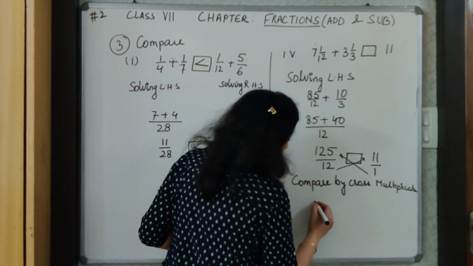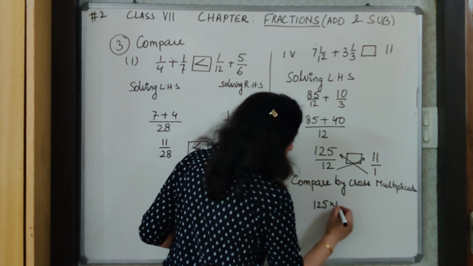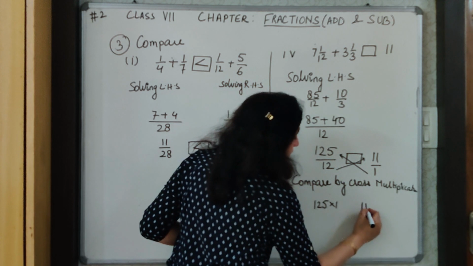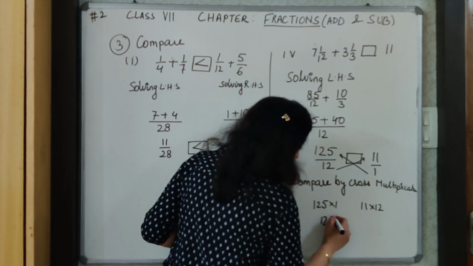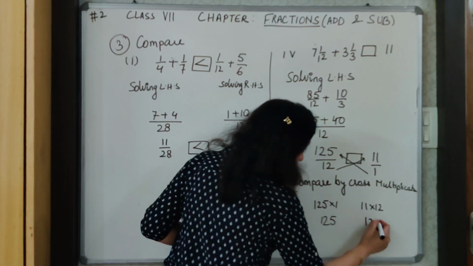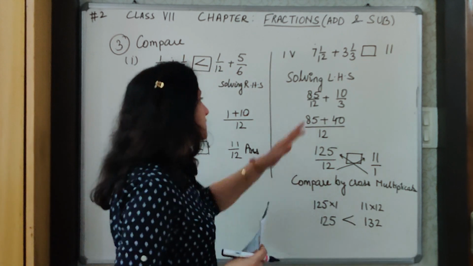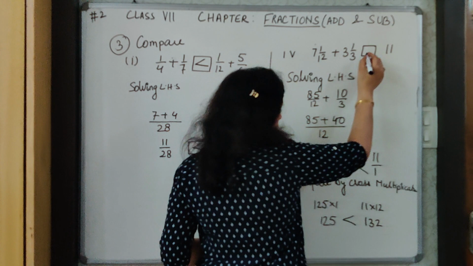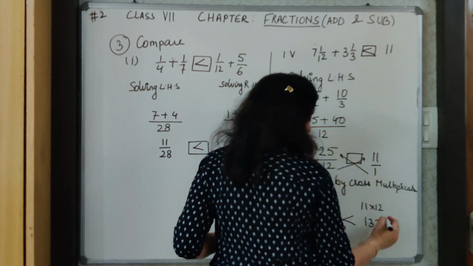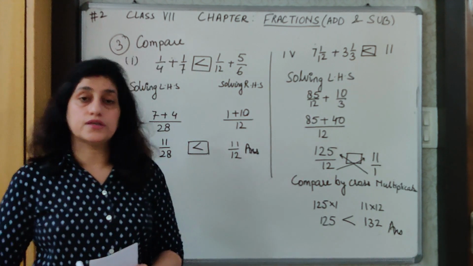This will give me 125 into 1 in the LHS and 11 into 12 in the RHS. This remains 125 and this becomes 132. So I see 11 is greater than the sum of these two numbers. And hence we can mention over here also the same sign. This is how we compare the questions.